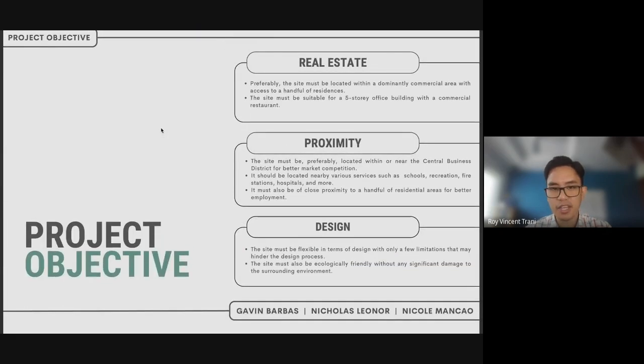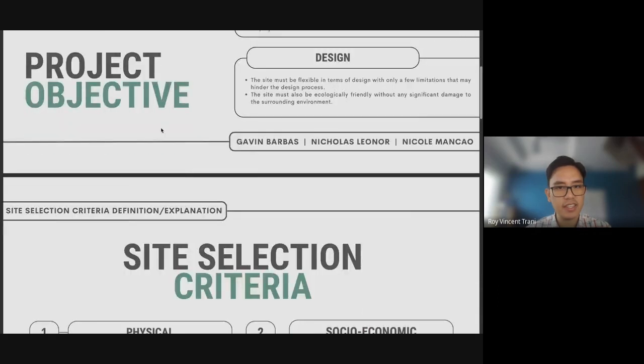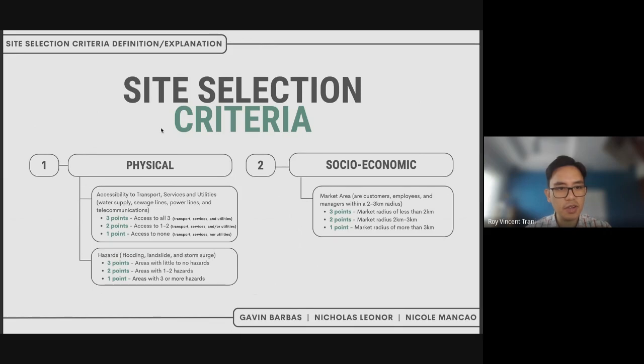I like that the objectives are clearly stated here. It's the same if you go down, next slide. It's also applied to the criteria somewhat. The best would have been if the objectives match or are connected to the criteria. I forgot to mention this to the first group: our criteria is accessibility, hazards, and market area.